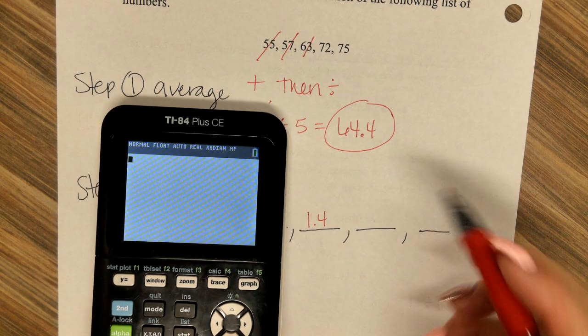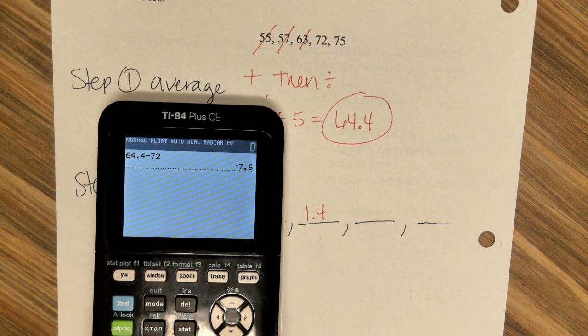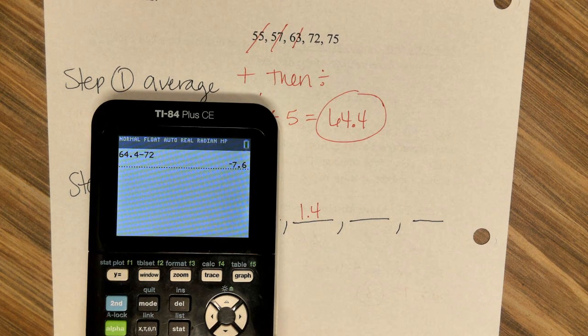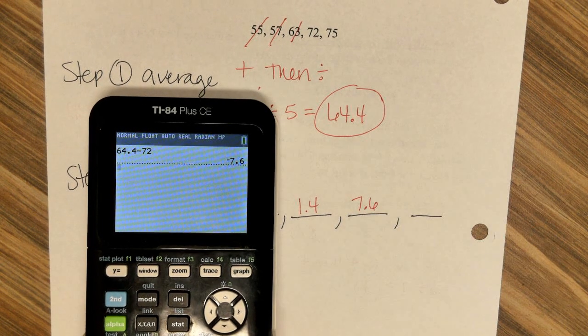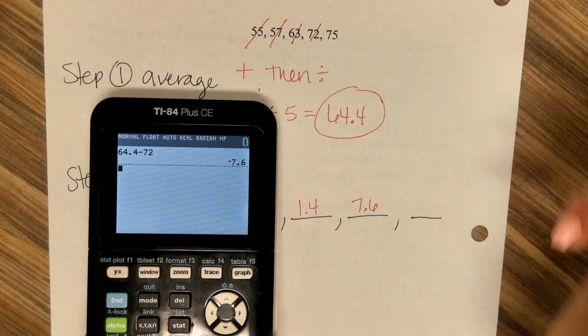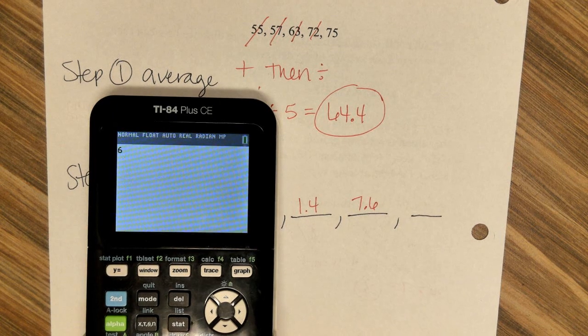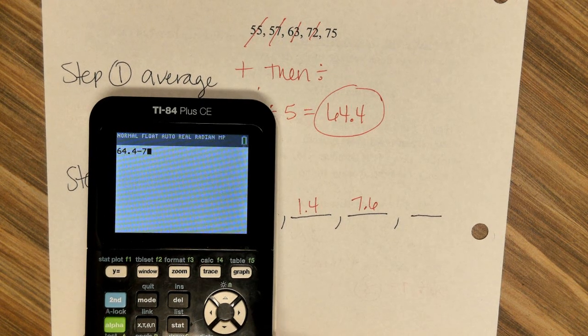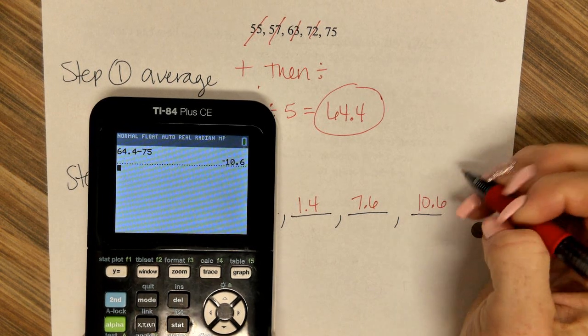Then I'm going to do 64.4 minus 72. Now, do I write the negative sign? No, I just write 7.6. And I mark it out. Then I have 64.4 minus 75, which is 10.6.